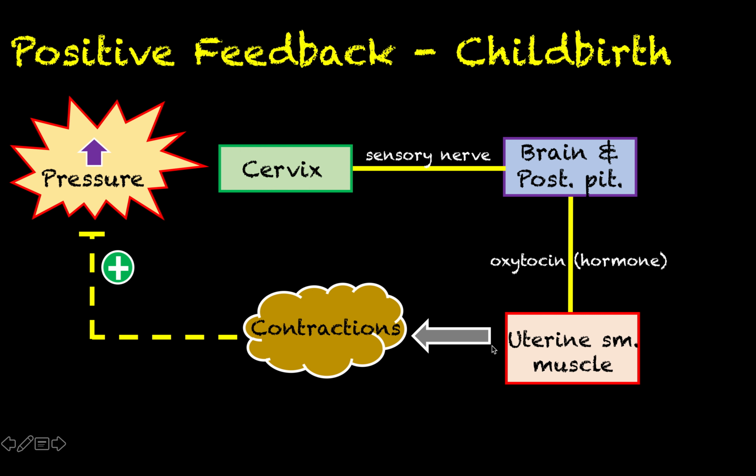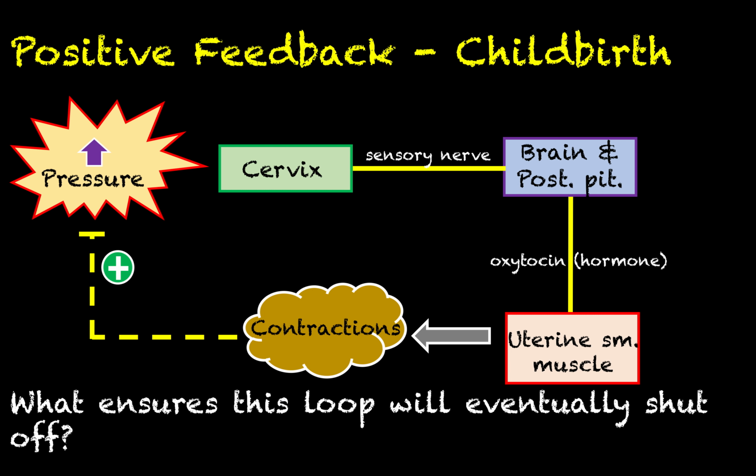The smooth muscle produces contractions after being stimulated with that oxytocin, and rather than making the stimulus go away, those contractions actually cause there to be even more pressure on the cervix, and that's going to cause this part of the loop to repeat even more strongly than it did before.